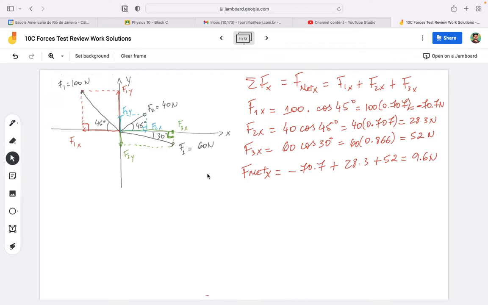Now we need to calculate the y component of the net force, and this is going to include F1y plus F2y plus F3y.